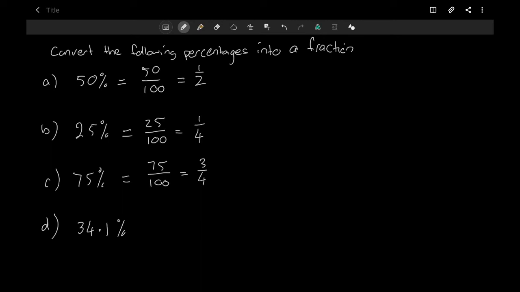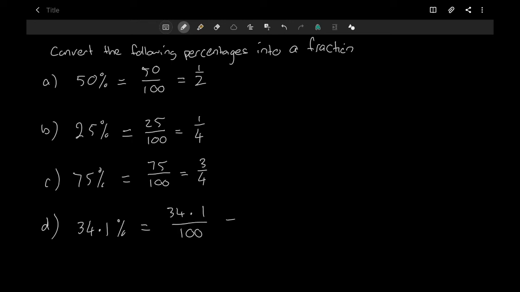So sometimes you get a question similar to example D, which on first glance looks a little bit awkward, but all you have to do is follow the same rules that we've been going through with a slight variation at the end. So let's take a look at that. If we follow the rules, it would be 34.1 over 100. Now, generally, when we write fractions, we don't like to have a decimal in that fraction. So 34.1 poses a bit of a problem. However, we can overcome that problem by converting 34.1 into a whole number.